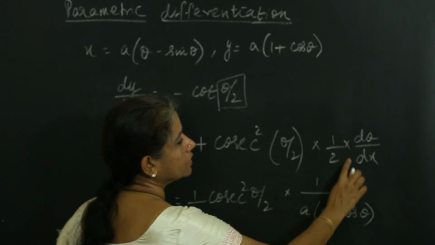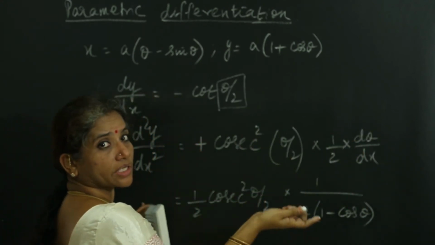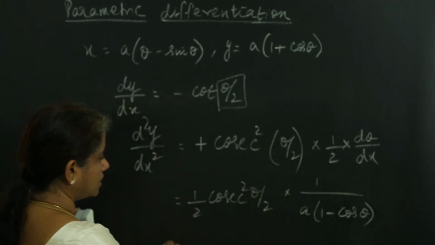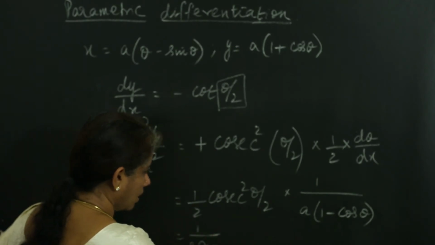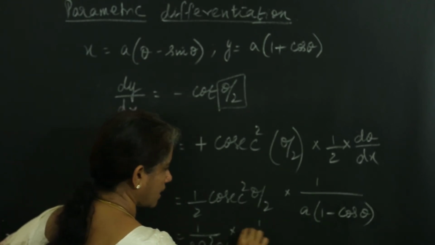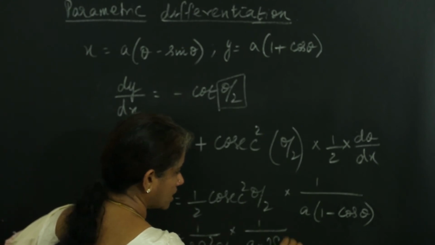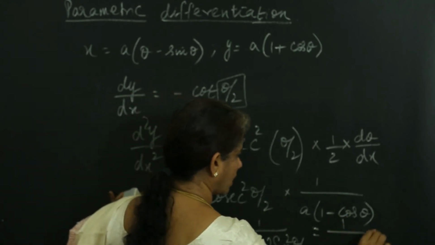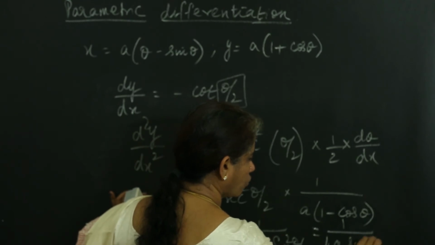Okay, if you forget to write this, it is not correct because we are differentiating theta with respect to x, so d theta by dx will always be written. Now this is the same as cosecant square. If you want, you can bring it to the denominator as sin square theta by 2 into a, and 1 minus cos theta, you can write as 2 sin square theta by 2. So the net answer is going to be 1 divided by 4a into sin to the power of 4 theta by 2.